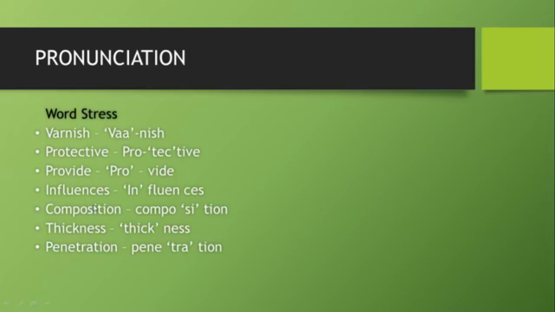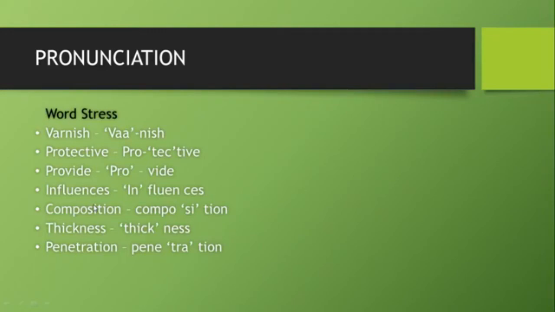Composition. So did you see how I laid stress on this syllable S-I-Z? It was composition. So more stress is there on Z. It is not composition. I did not say it out like that. So Z, SI is the syllable.